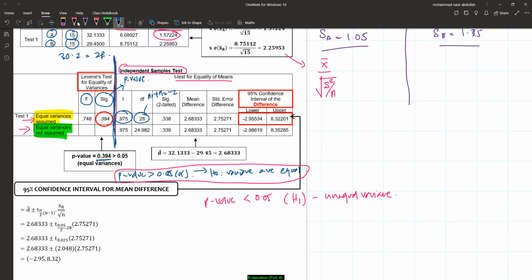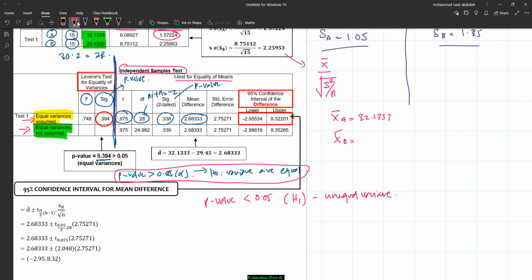Right? And this is the p-value. So this is a mean difference. Mean difference means the value of mean number 1. Do you see it here? Mean A and mean B. Mean A is 32.1333.